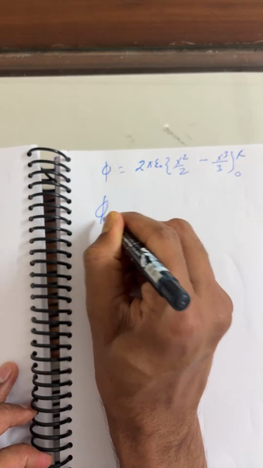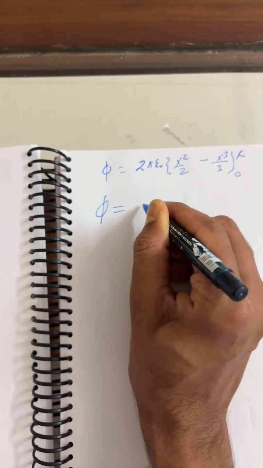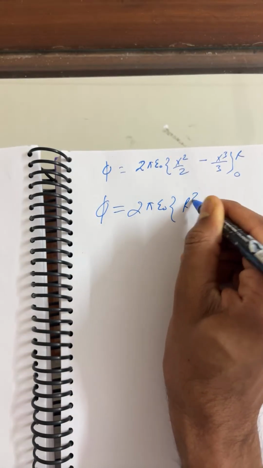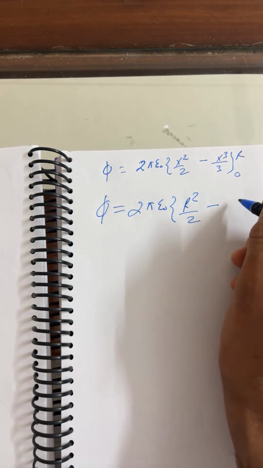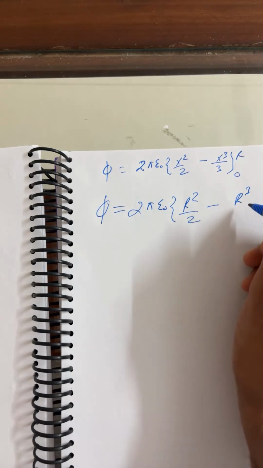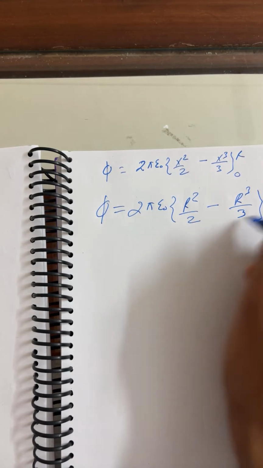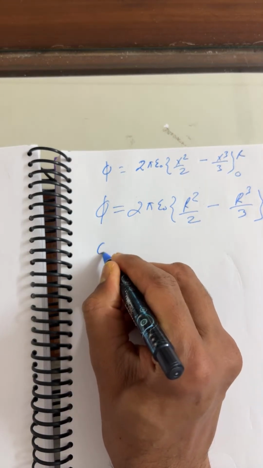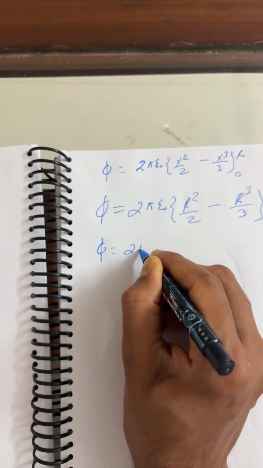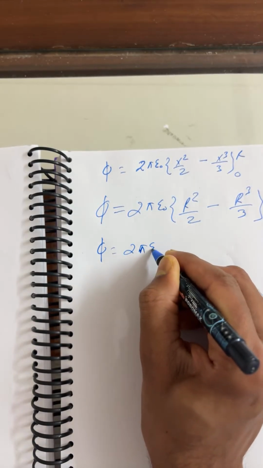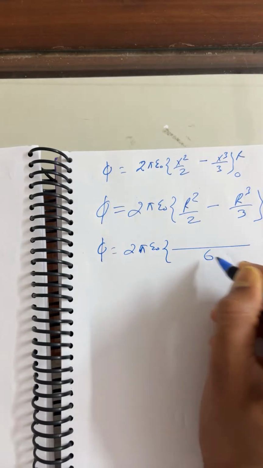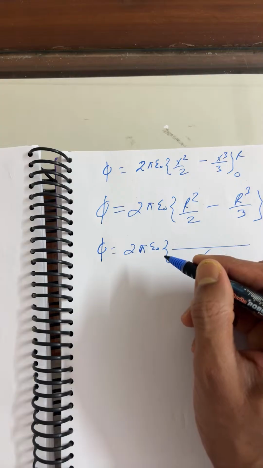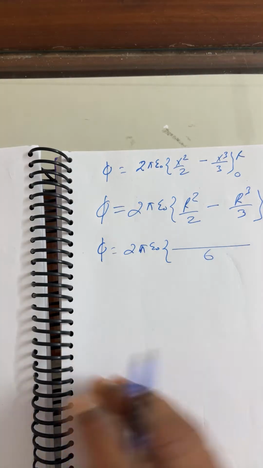Once you put the limit, you get 2 pi epsilon naught, r square by 2 minus r cube by 3. 2 times 3 is 6.